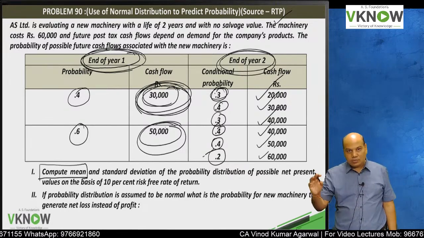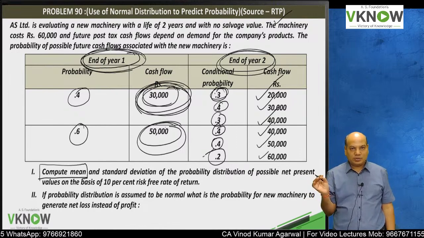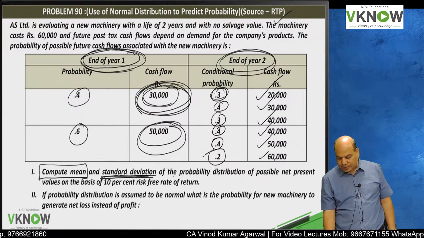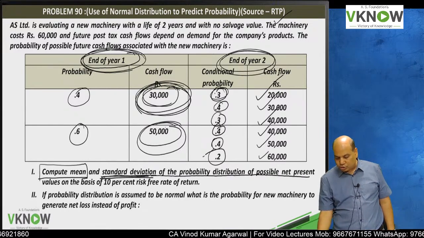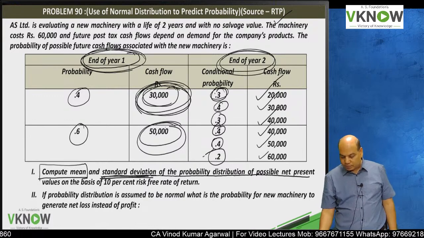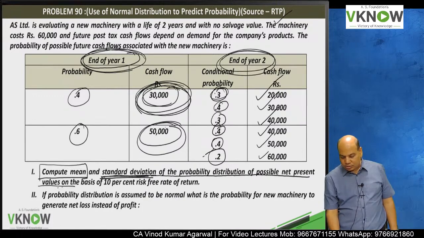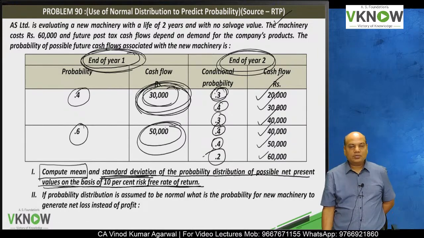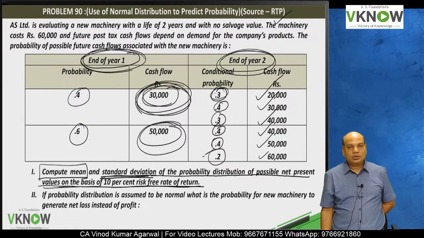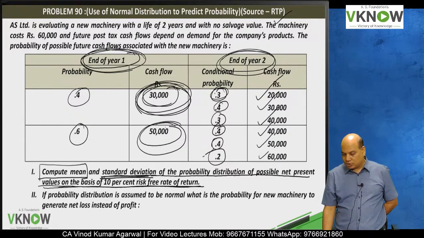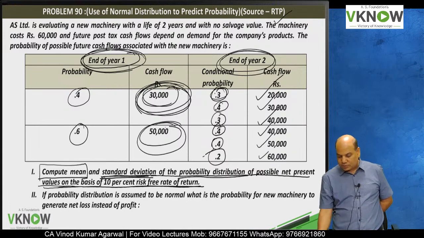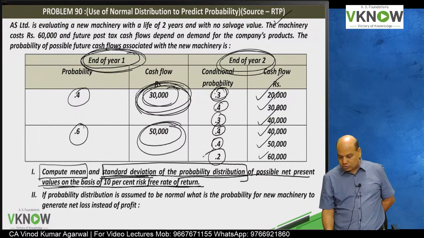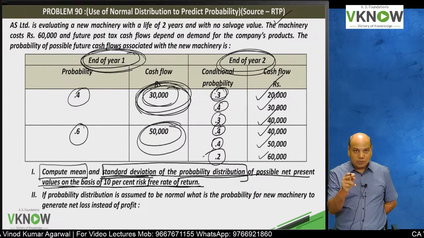Mean NPV means we have to find out expected NPV, and standard deviation of the probability distribution of the possible NPV on the basis of 10% risk-free rate. You have to also find out the standard deviation. This is new, it was not done in the earlier problem.